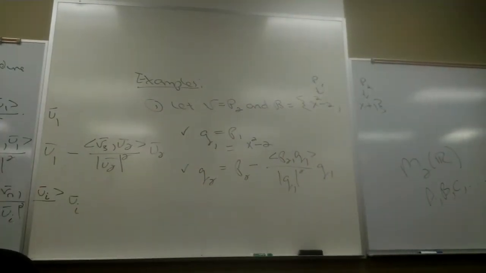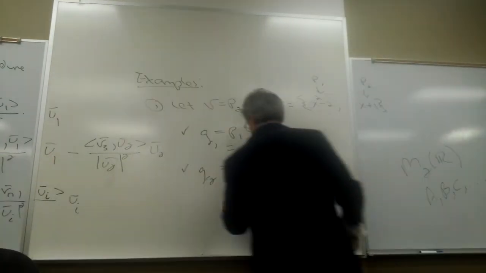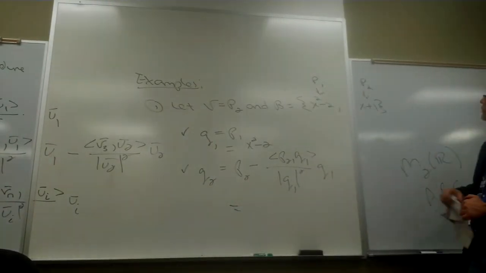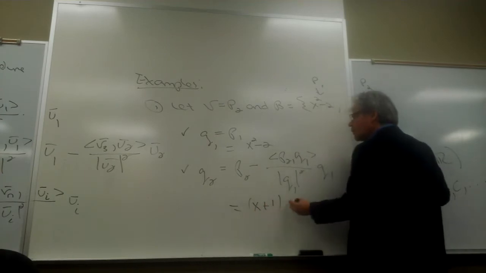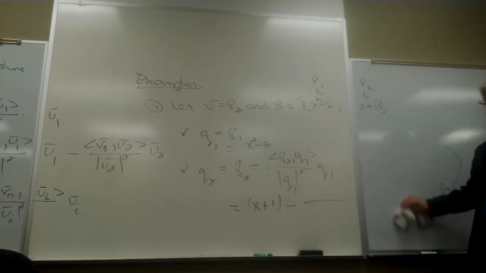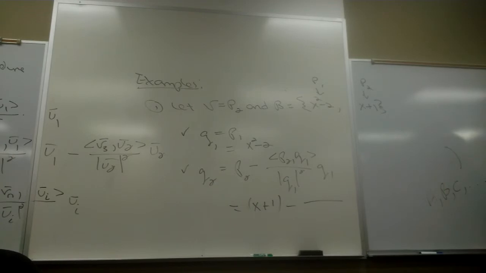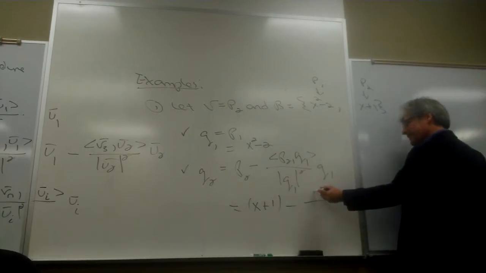Diving into the work, I made these up out of thin air. What's P2? X plus 1. Minus, oh, by the way, I'm doing a lousy job with these examples, you guys. I meant to say, can we assume the standard inner product in P2? I didn't say that, but that's what I meant. So, please help me with this. What's the numerator?